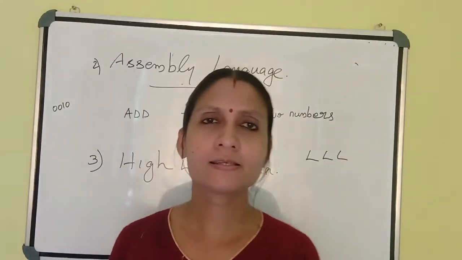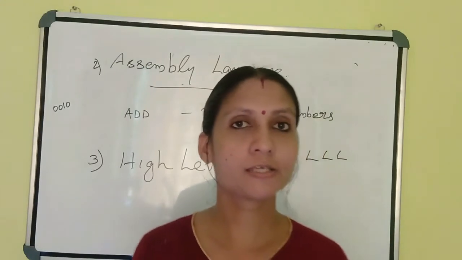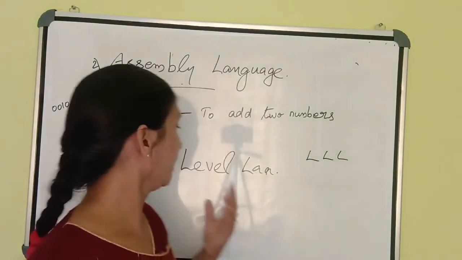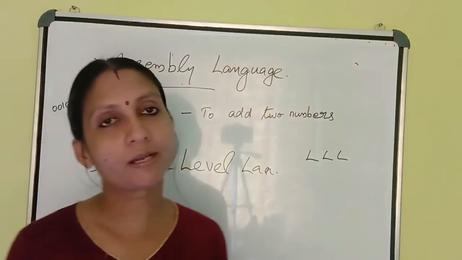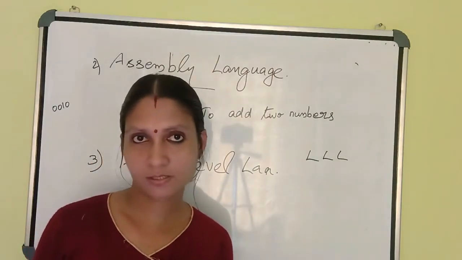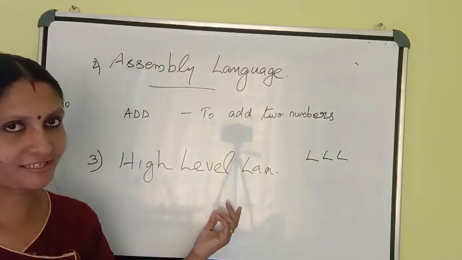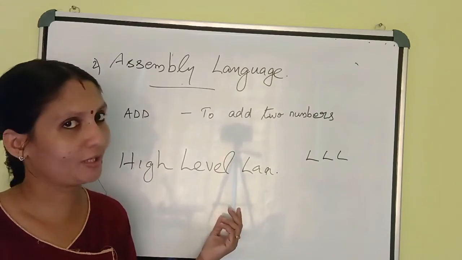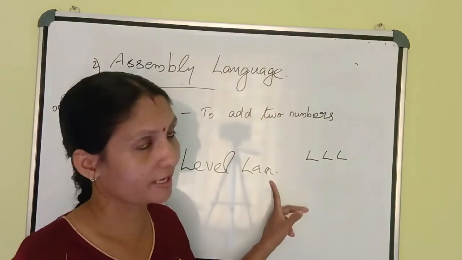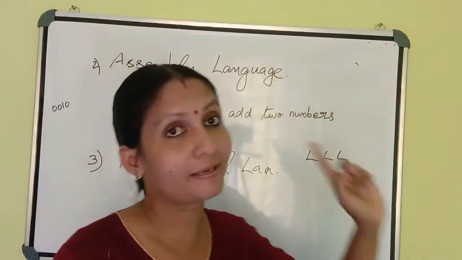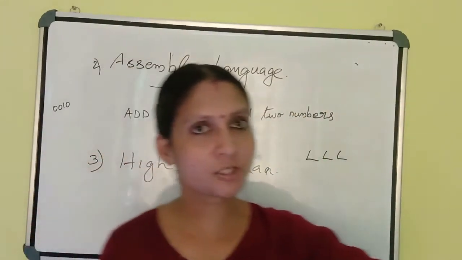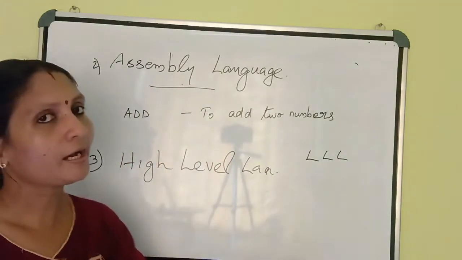Examples are C++, Java, like that. Languages and software are under this category. This is the third generation language, and assembly language is the second generation language. First generation is machine language, second generation is assembly language, and third generation is high level language.